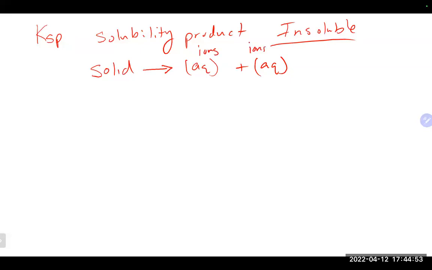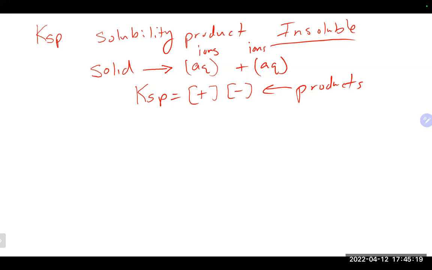Because this is normally always the setup for a Ksp problem, when we do write our Ksp, which is just the equilibrium expression, it is pretty much just our product side, with our positive ion and our negative ion. Really no reactants are usually involved in the Ksp calculation.